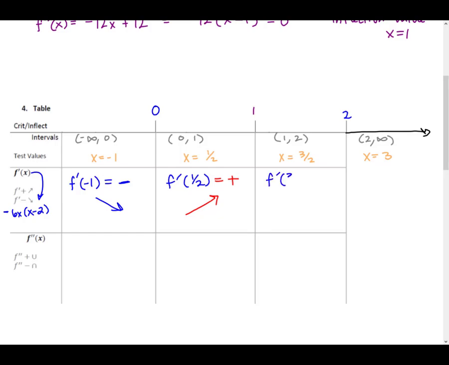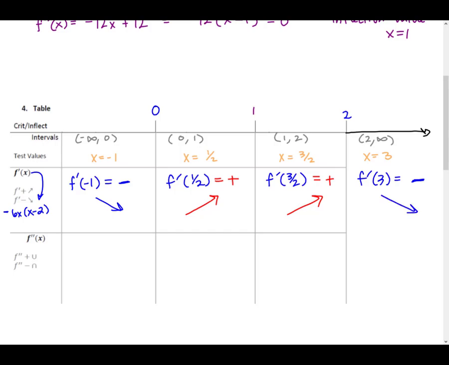F prime of 3/2. So negative 6 times 3/2 will still be a negative number. 3/2 take away 2, 1.5 take away 2 is still a negative number, and a negative times a negative is positive, increasing. Last piece here, f prime of 3. Negative 6 times 3 is a negative number. And then 3 minus 2, that's positive. So negative times a positive will remain negative.